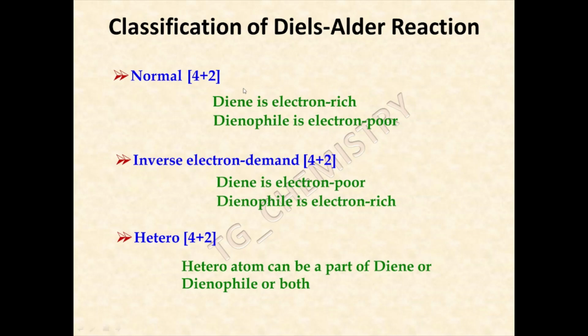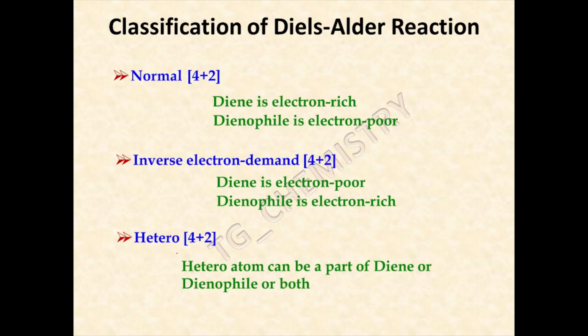Today we will focus mainly on the normal 4+2 Diels-Alder reaction, in which the diene is electron rich and the dienophile is supposed to be electron poor. Whereas in the inverse electron demand 4+2 cycloaddition reaction, the reverse is true. As you can see, this is the inverse process. In that case, the diene should be electron poor and the dienophile should be electron rich.